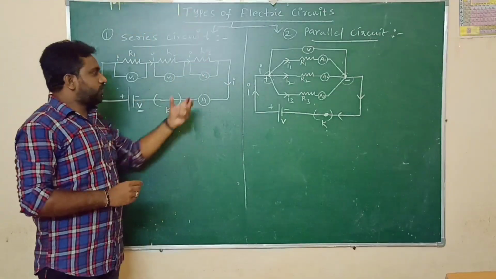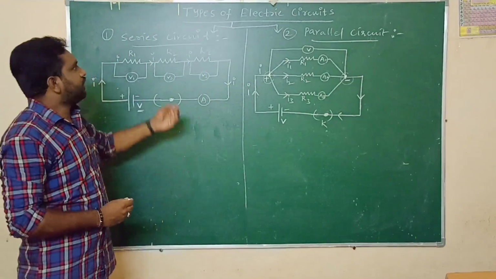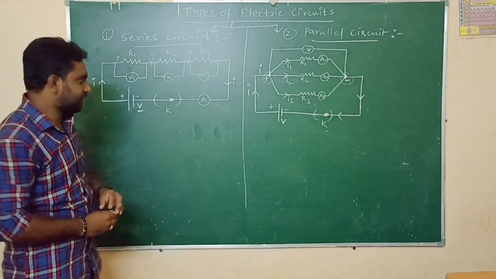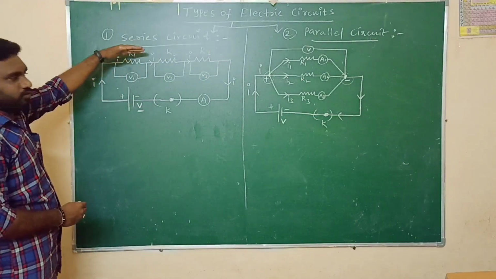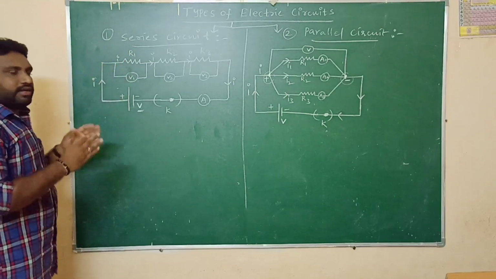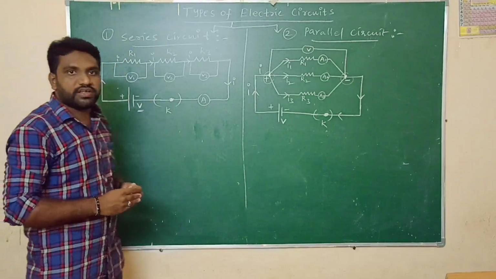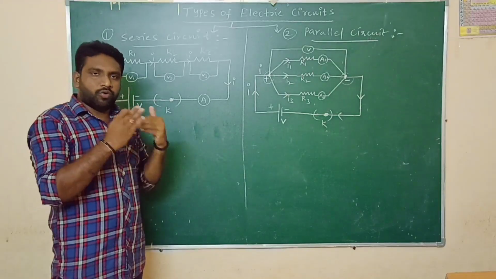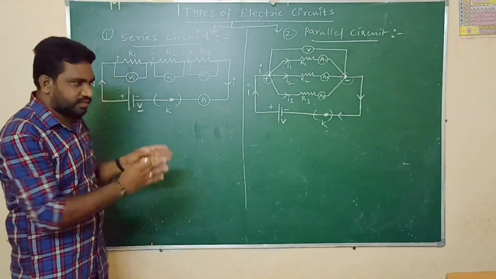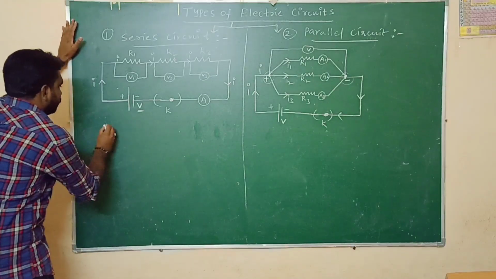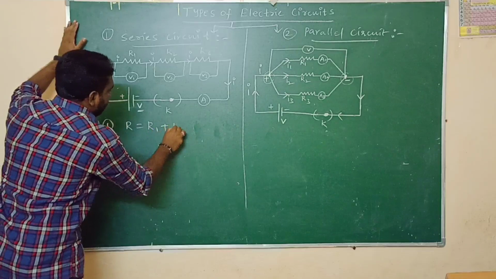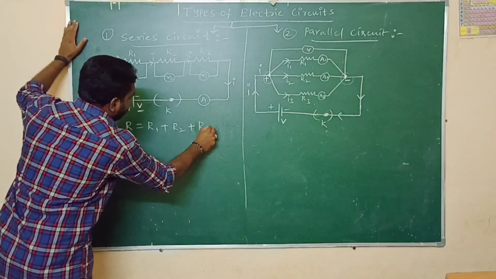Now I am going to give some formulas regarding series circuit and parallel circuit to find the total resistance. First we will discuss the series circuit. If more than two resistors are connected in series, the formula is like this. Formula one is R equals R1 plus R2 plus R3.